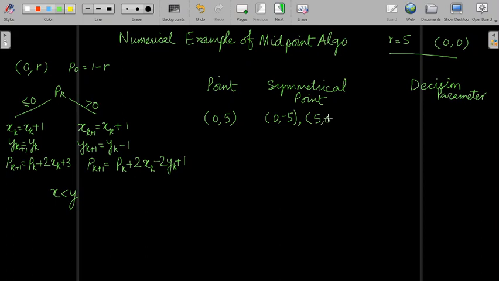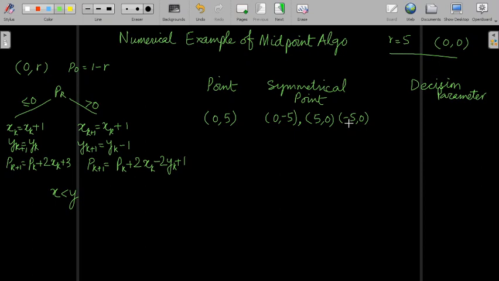So I have 5, 0, then I have minus 5, 0, then I have 5, minus 0. 5, minus 0 is no different from 5, 0, and in the last minus 5, minus 0, which is the same as this one, minus 5, 0. So for the first time, when one of these coordinates is 0, we will get a lesser number of points. In next cases we will observe we will get more.